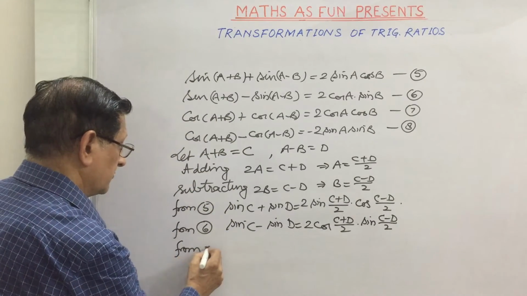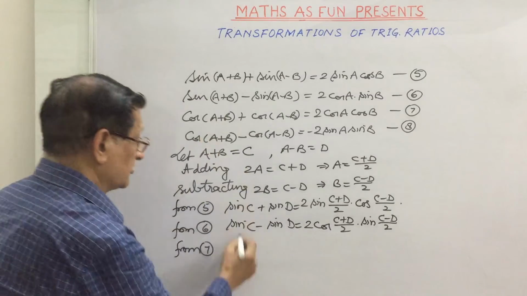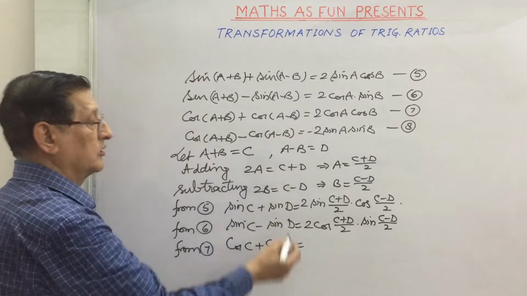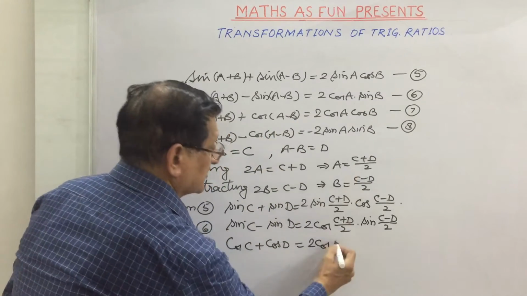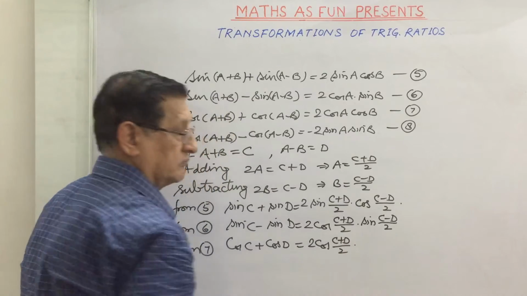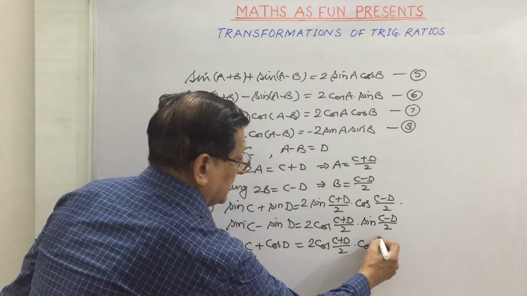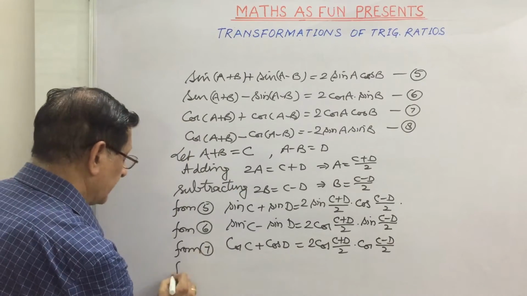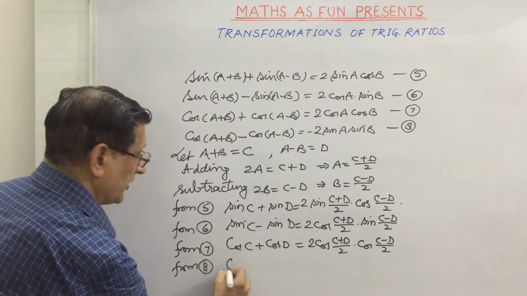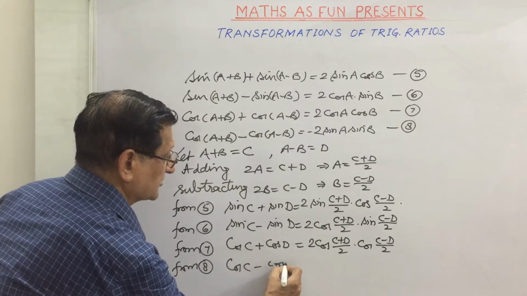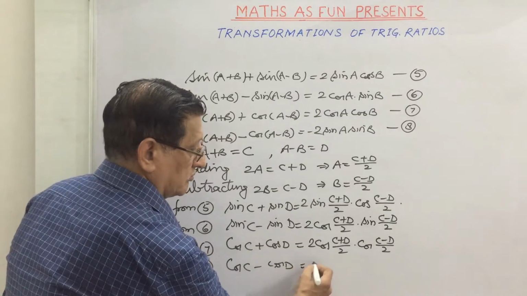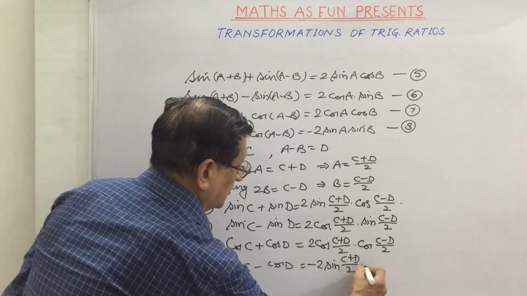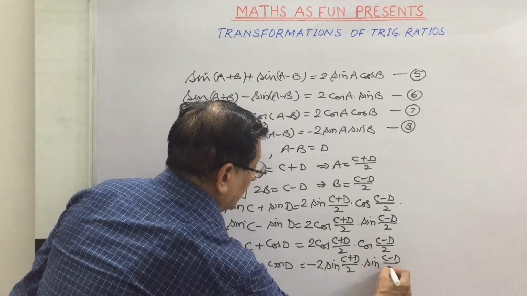Seventh one, cos of C plus cos of D will be equal to 2 cos of C plus D by 2 into cos of C minus D by 2. If we go to the eighth one, we are going to have cos C minus cos D equal to minus 2 sine of C plus D by 2 into sine of C minus D by 2.